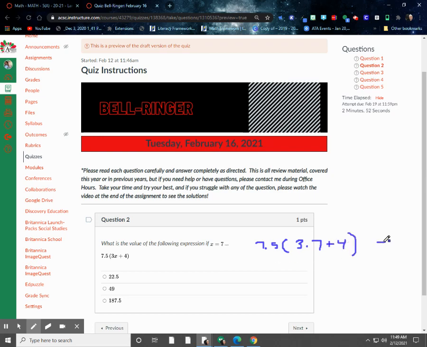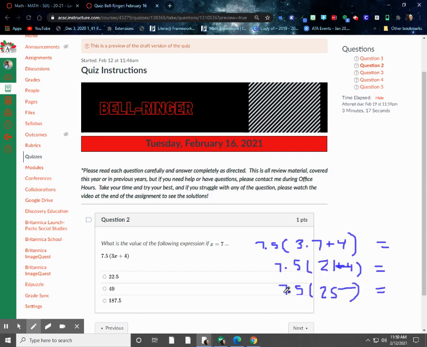And again, when I'm working through this, using PEMDAS, I'm going to multiply before I add. So 3 times 7 is 21, plus 4. My writing here is a little atrocious, isn't it?